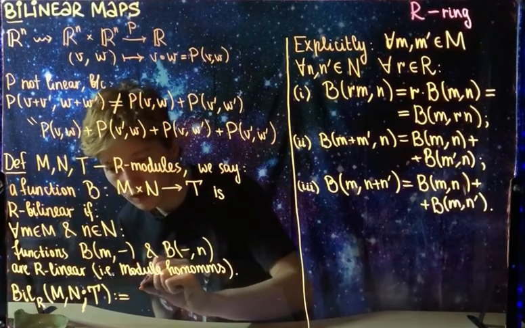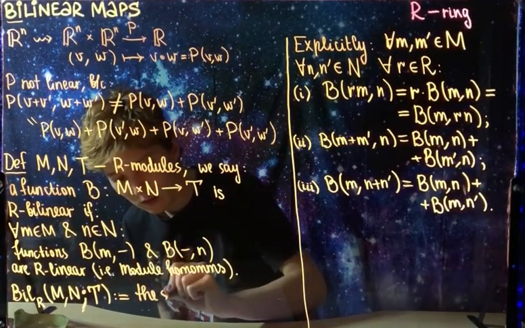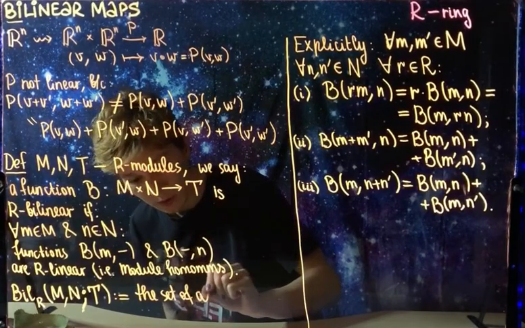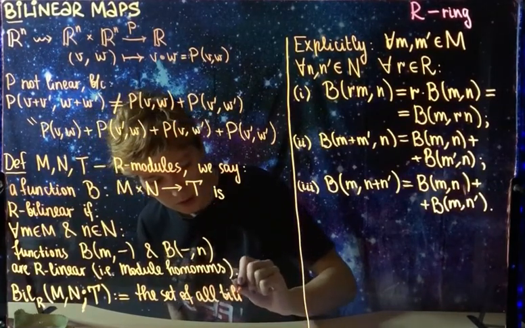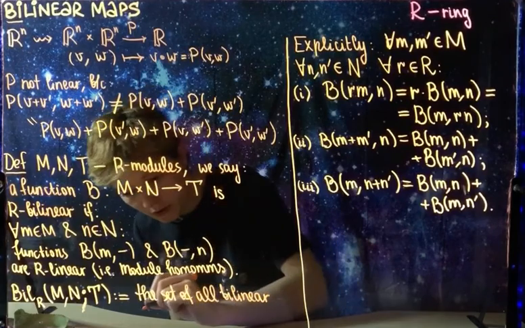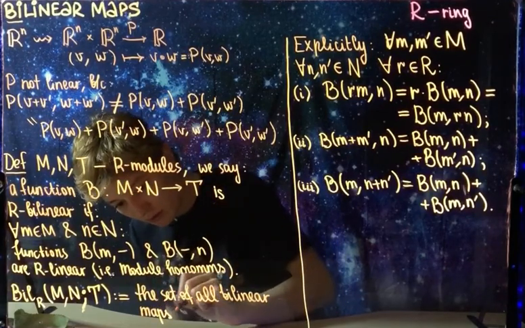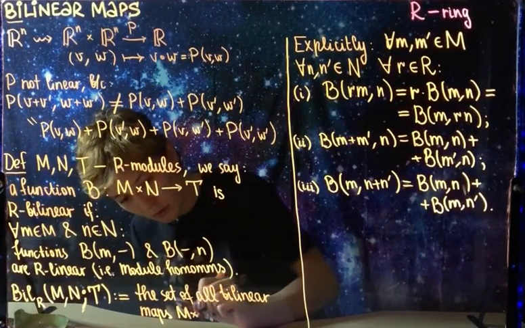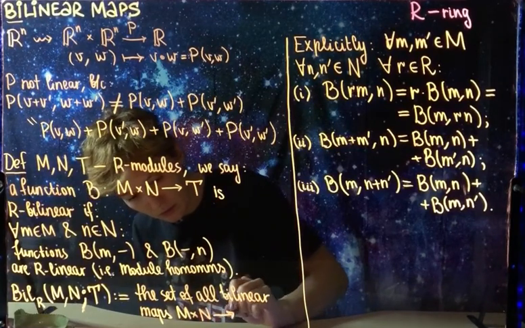So this is the set of all bilinear maps from M cross N to T.